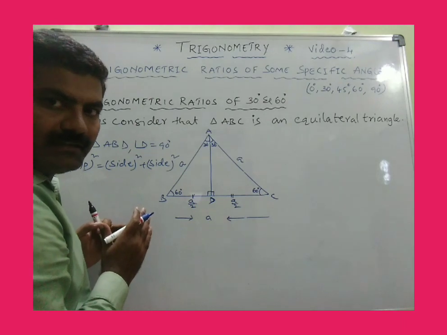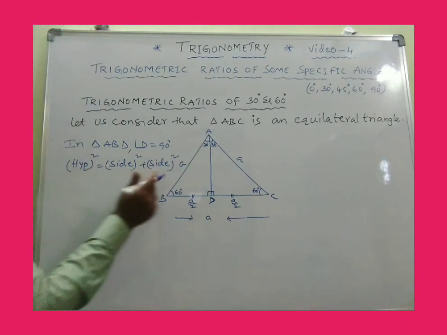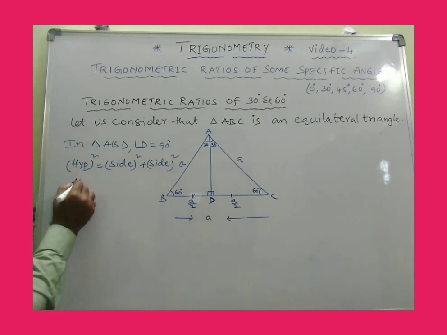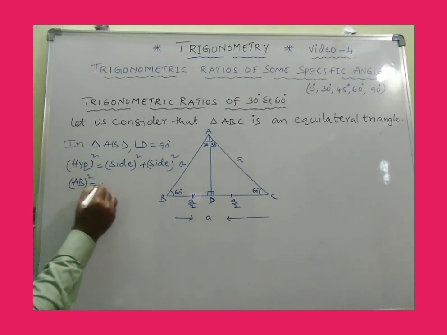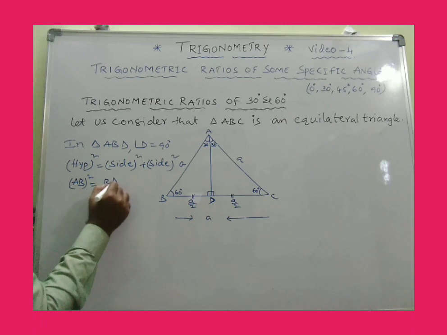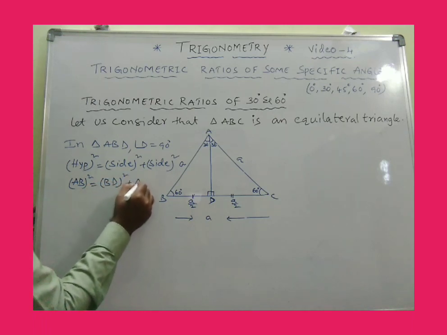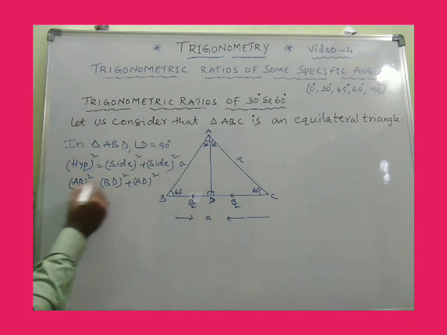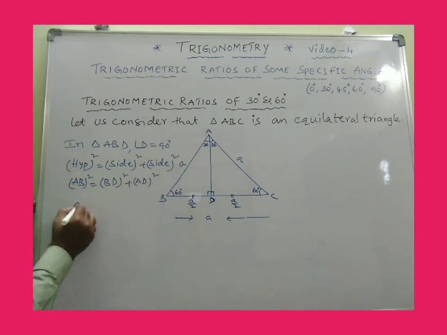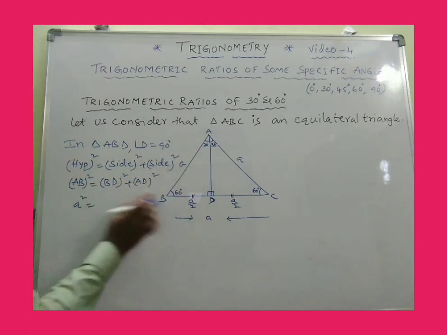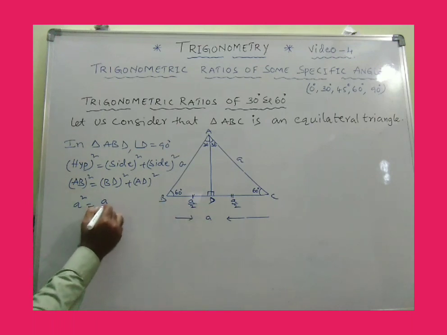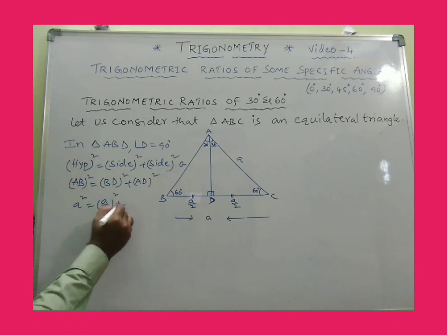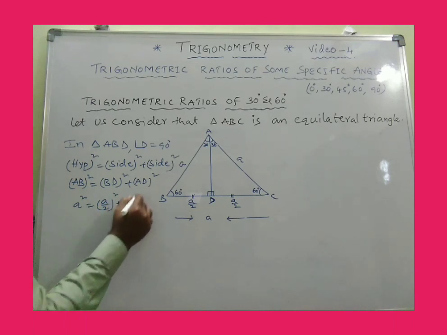The hypotenuse is AB. So AB squared is equal to BD squared plus AD squared. AB length is small a, hence this is a squared, and BD length is a by 2 whole squared, plus AD squared.